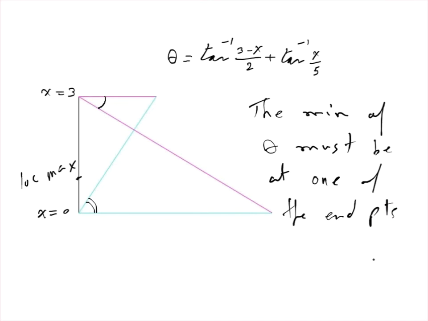I know this question didn't ask you that, but I'm just curious. I need to know whether you have a minimum at this endpoint or at that endpoint. How do we figure this?